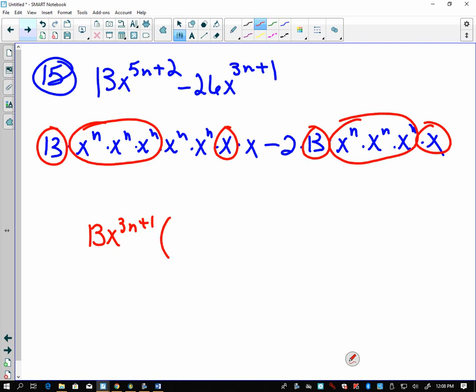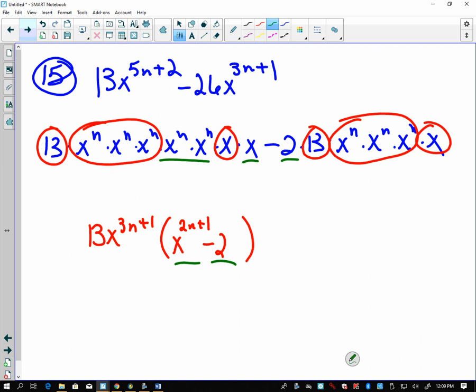What goes inside is what's left: x to the 2n plus 1 minus 2. That's it, there's nothing else over there. I'm sorry, that's not 13, it's 15.